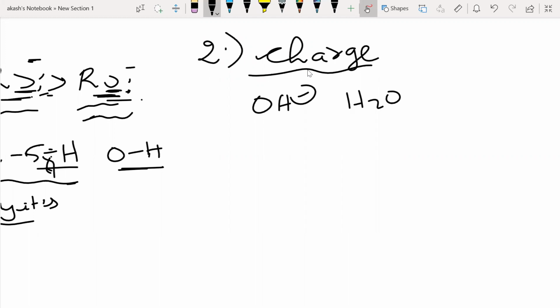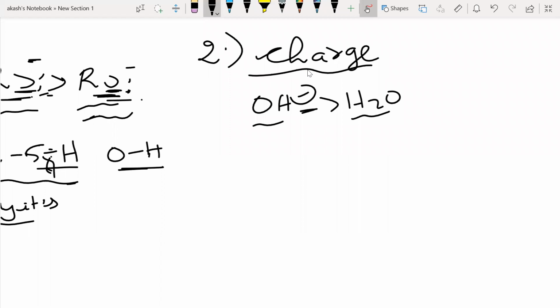But if you put NaOH, the reaction seems to be faster than if you put H2O. For obvious reasons, because charged species are already unstable, so they'll be more reactive. That's how you put it, right? So whenever you have a charged species, always and always, it is going to be a better nucleophile than a neutral nucleophile. Okay, so that is the second criteria.